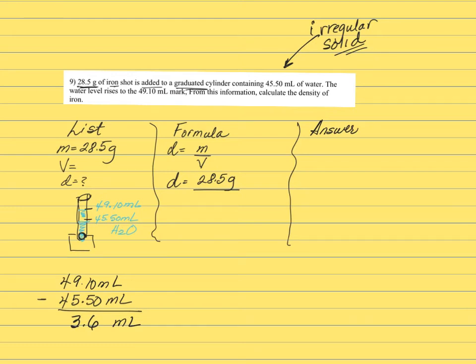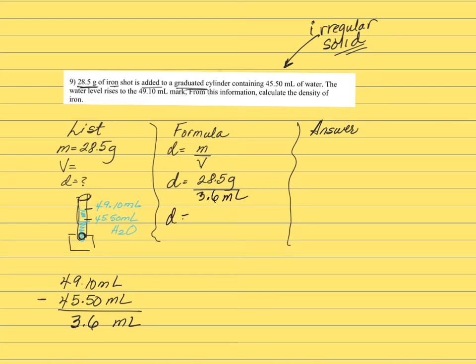The water level rises to 49.10 milliliters. I want to look for the density of an irregular solid, which doesn't have a definite shape. How am I going to find the volume? By water displacement. I have the mass, but I don't have the volume directly, so I have to find the difference. That's what I'm doing in this problem, finding the difference in volume by water displacement.